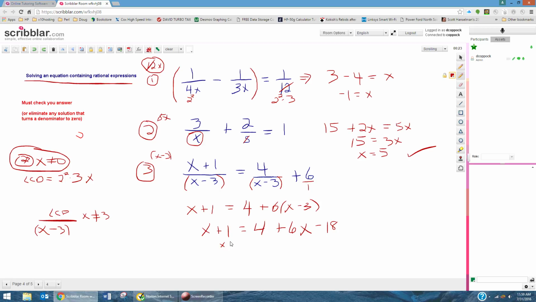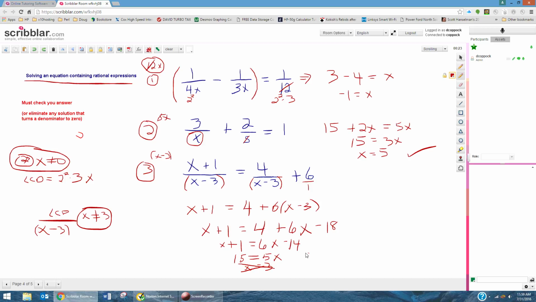X plus 1 equals 6x minus 14. 5x equals 15. Divide by 5, x equals 3. Rejected.